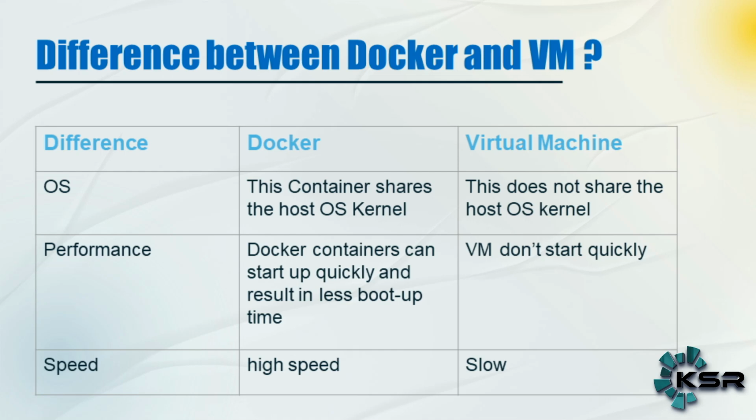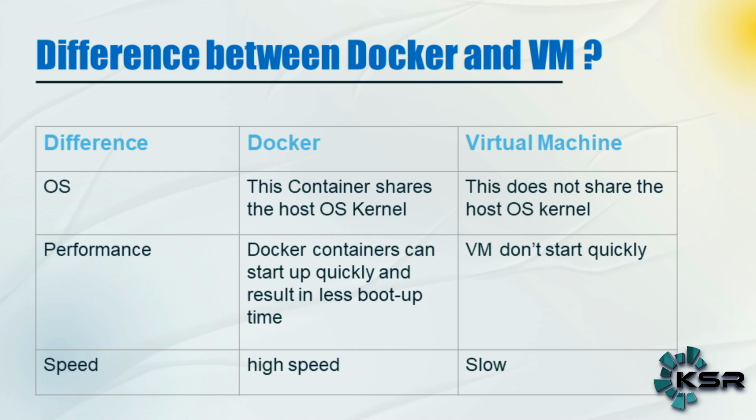Coming to performance, Docker containers can start up quickly and result in less boot-up time, whereas VMs do not start quickly, right? Docker containers result in high performance as they use the same OS, and no additional software like a hypervisor is required in Docker. Whereas in virtual machines, we require a hypervisor for OS levels to be maintained.